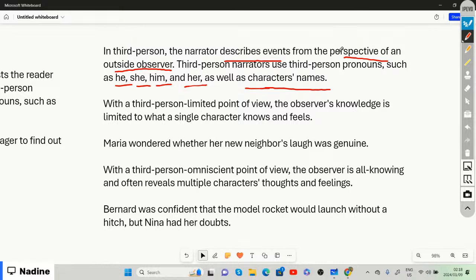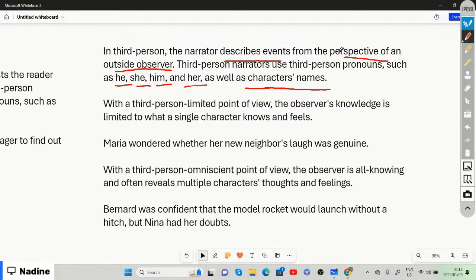And if we look at an example of a third person limited point of view, it says Maria wondered whether her new neighbor's laugh was genuine. Because sometimes we laugh with people, we are friends with people, but our friends are actually not that genuine, right? Or you don't spend the whole entire day with a person to really see, is this person actually laughing like this? Is this actually his or her genuine laugh?